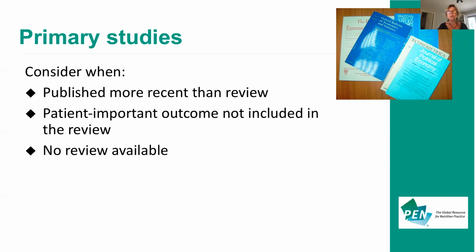For example, something that's assessing quality of life or activities of daily living in a primary study, when the systematic review may only have considered mortality or morbidity, incidence of disease. So primary studies might have some other important outcomes.